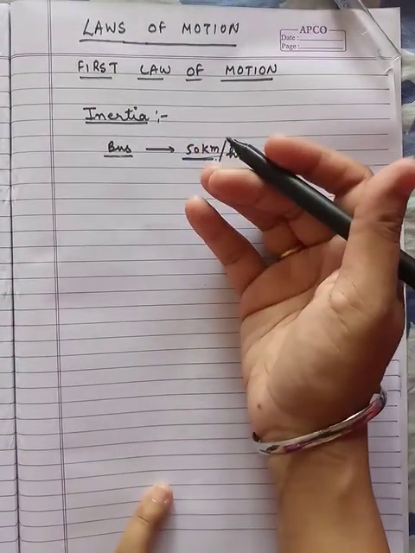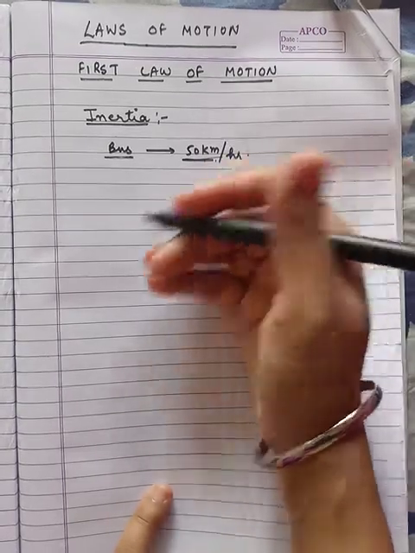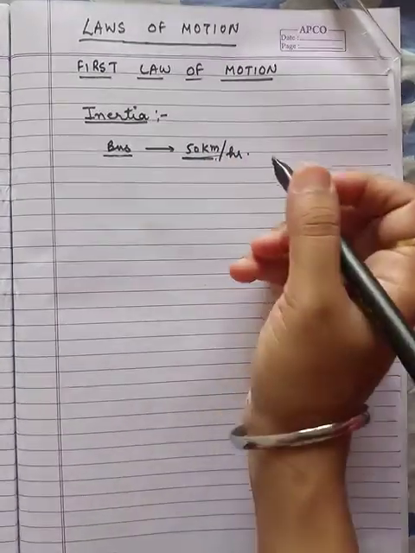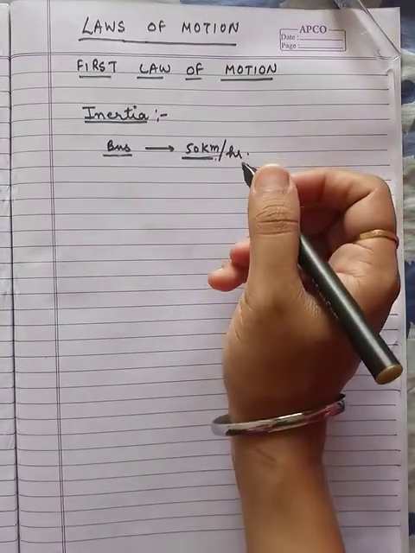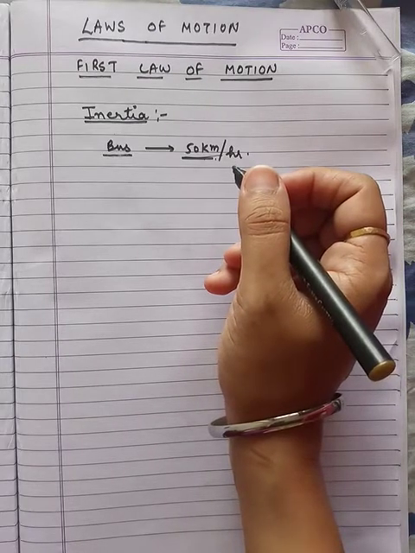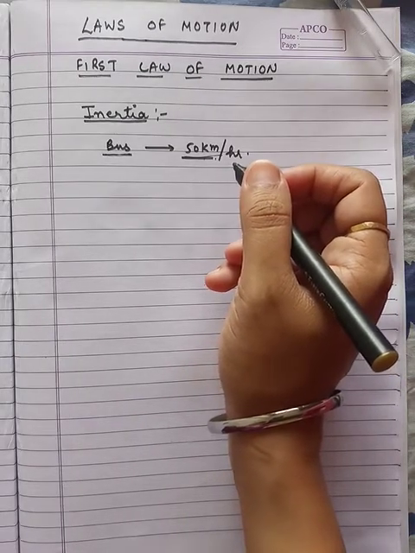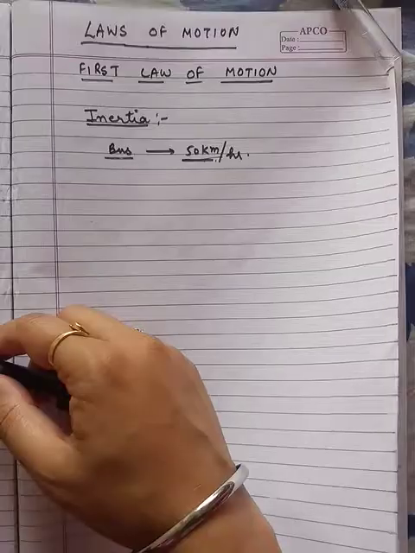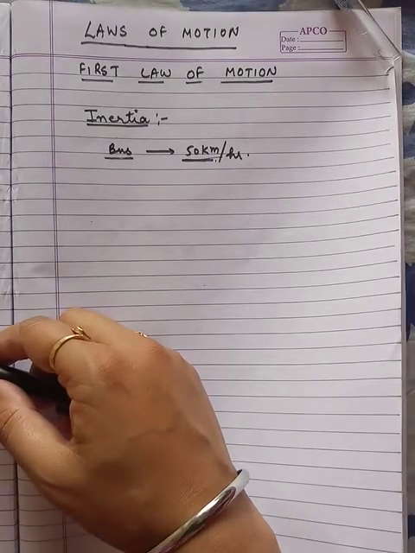But their body will try to move in the forward direction because the bus was moving in the forward direction. Okay, one more example we can take is given in your NCERT book in the form of an activity, that of a carom board.